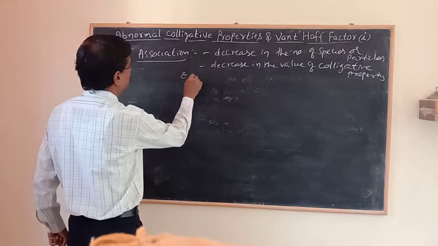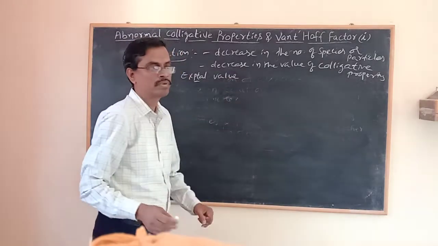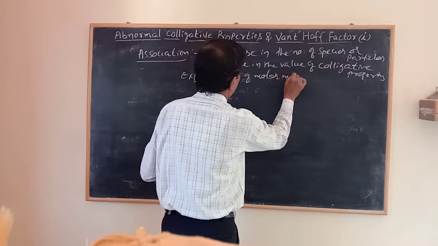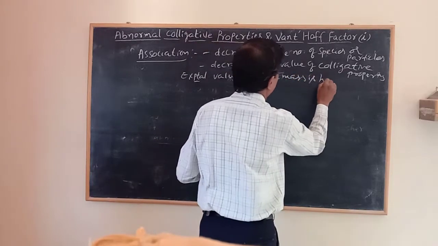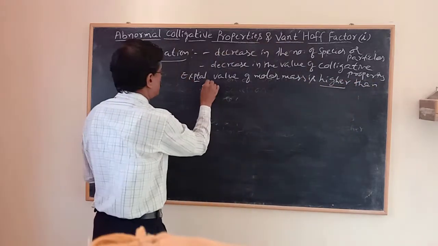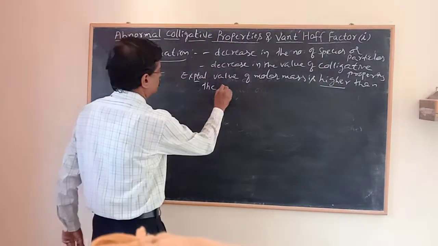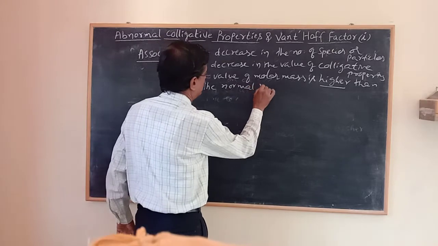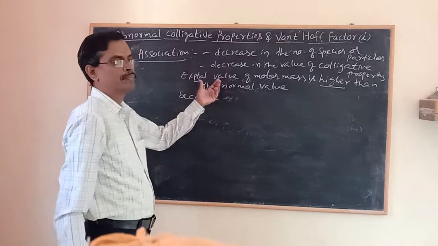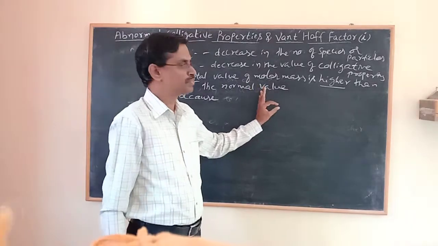So here the experimental value of molar mass is higher than the normal value. This is because we have already explained the relationships between the different colligative properties and the molar mass.